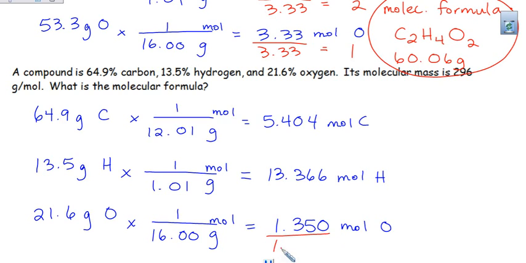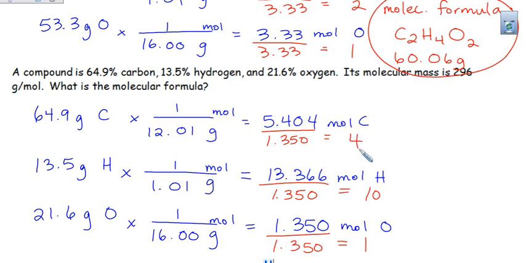Divide them by the smallest, which is this little guy. So I know that's a 1. 9.99, which is close enough to a 10. I'm going to say that's a 10. And then we'll do this one, 1.35. Please be a whole number. Yes, it is, 4. So here's my little empirical formula.